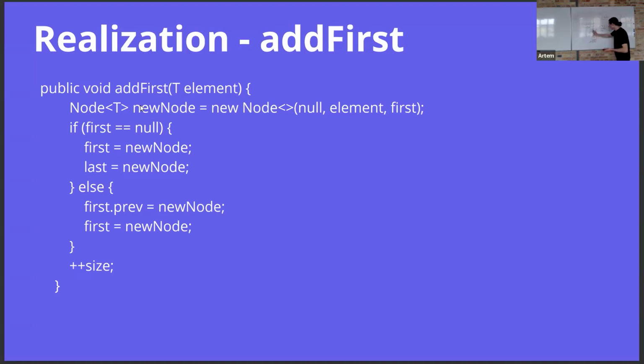But if we already have some linked list and we add a new first element, we can use the previous first to set the next of our new first element. Is this clear? It's a very important concept.